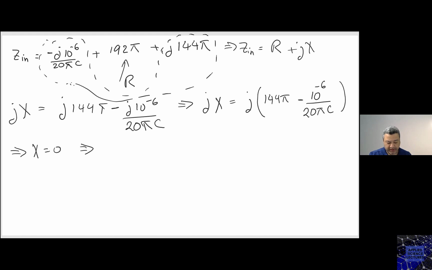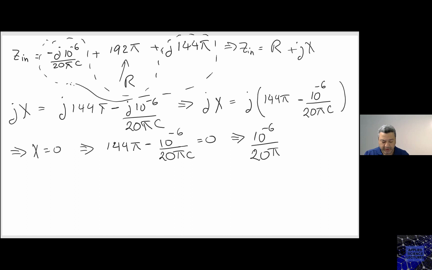And in this case, I have 144 pi minus 10 to the power minus 6 over 20 pi C is 0. Or 10 to the power minus 6 divided by 20 pi C is 144 pi, right?